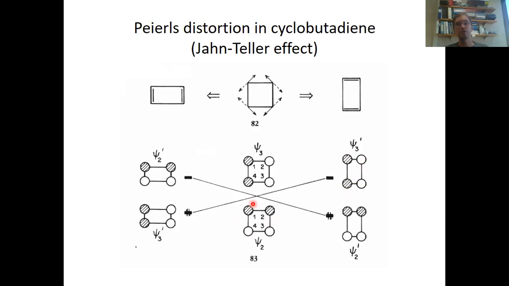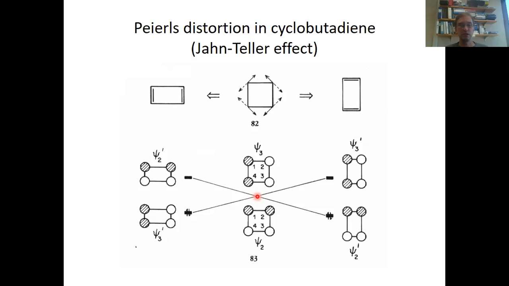For this orbital here, the opposite is the case. These 2 orbitals come closer together, which are bonding, and these 2 orbitals come closer together, which are bonding, and the antibonding interactions here and here are being weakened. Therefore, this orbital here is lower in energy with respect to the non-bonding case, and this orbital here is higher in energy with respect to the non-bonding case.